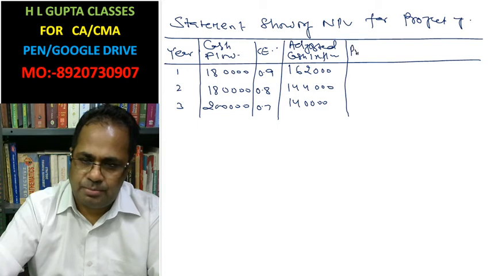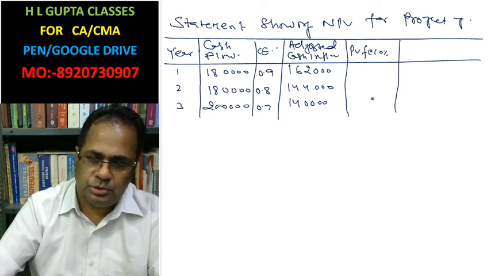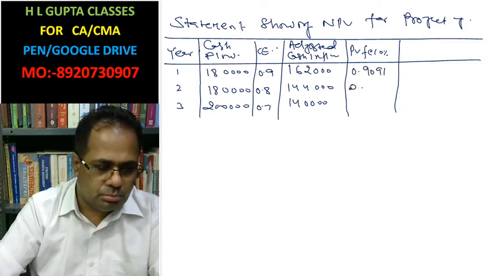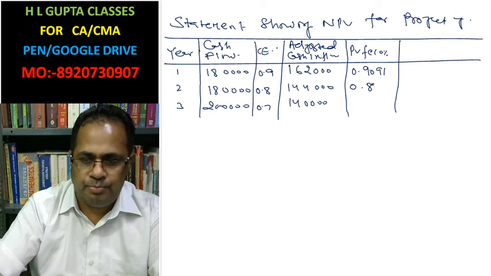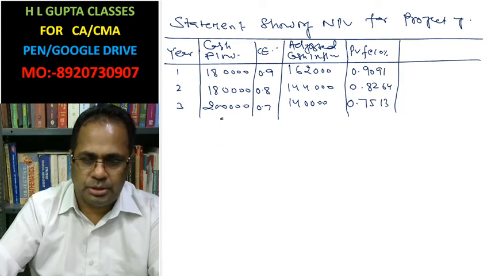Present value factor at 10%: 0.9091, 0.8264, 0.7513.